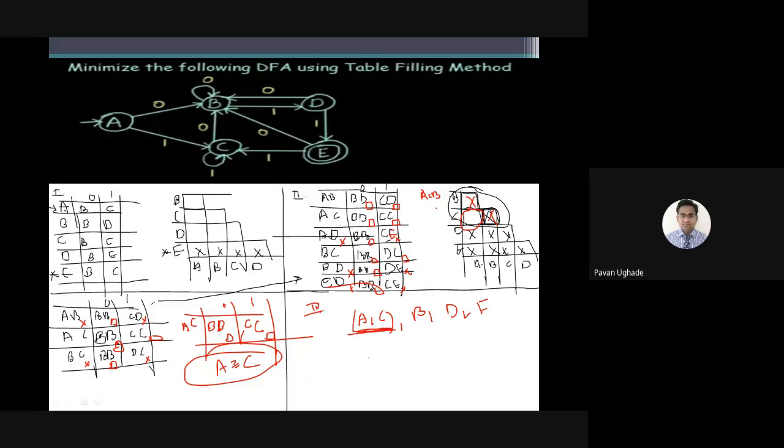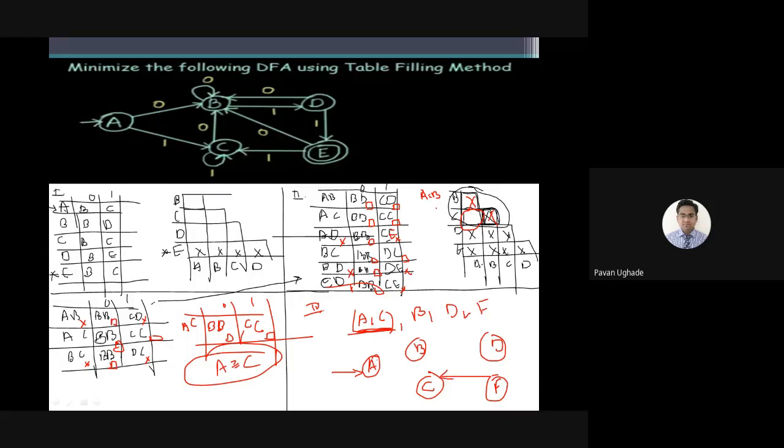I'll consider A only. As it is my initial state, let me go. Then it goes to B. Then it goes to C, D, and F. So only one change, we have successfully reduced one state. That is our answer.